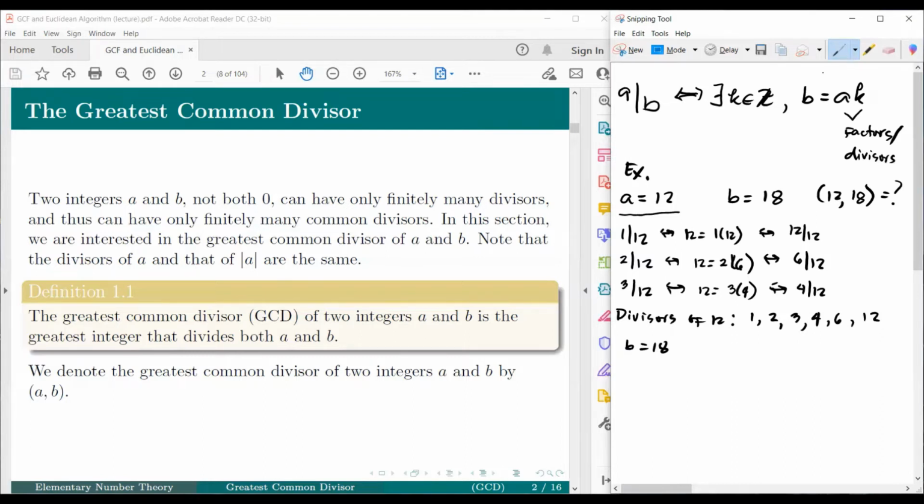Just like here, 1 is paired to 12 because 1 times 12 is 12. Okay, 2 times 6 is 12, and then 3 times 4 is 12. So you can check the pairing so that you might not miss any divisors.